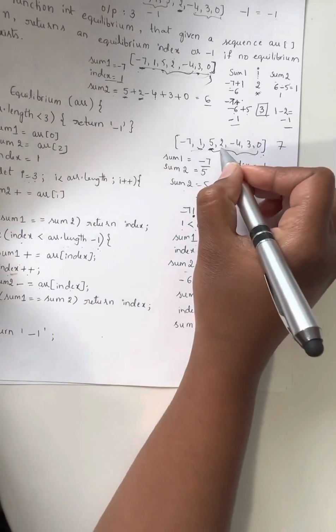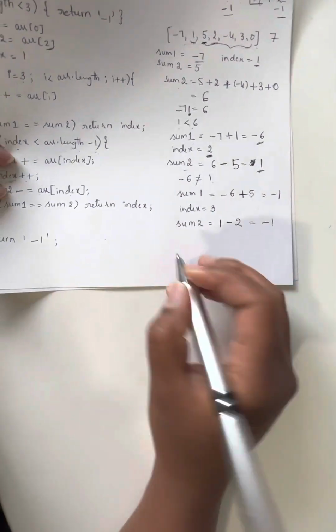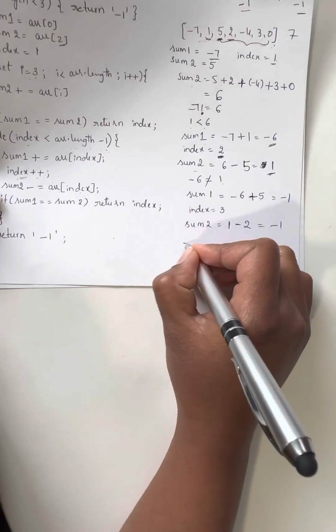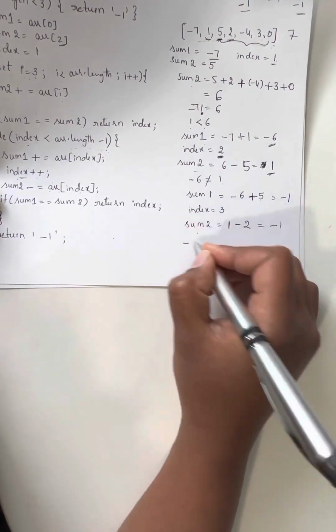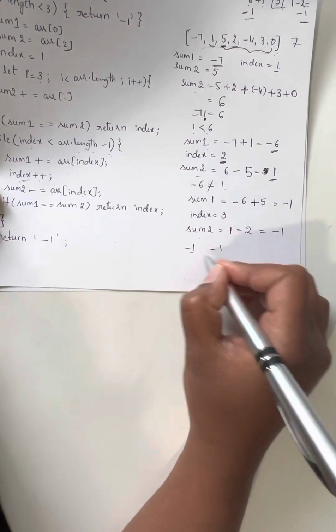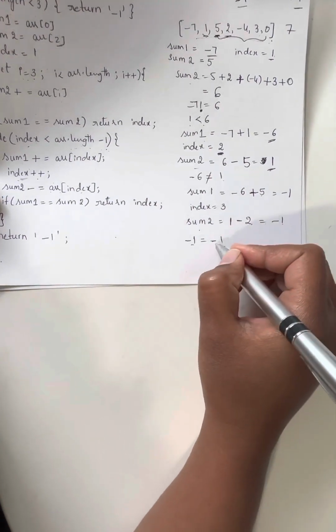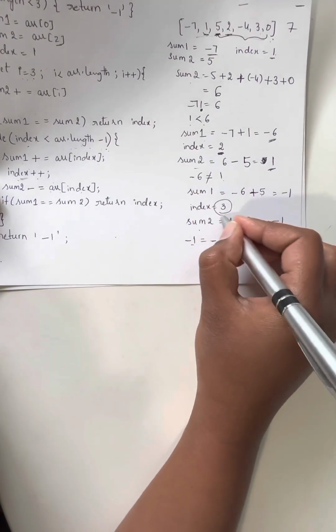So the element at index 3 is 2. So 1 minus 2 becomes minus 1. Then we will check if sum 1 is equal to sum 2. The sum 1 is minus 1 and sum 2 is also minus 1. Both of them are equal. So we're just gonna return the index, which is 3.